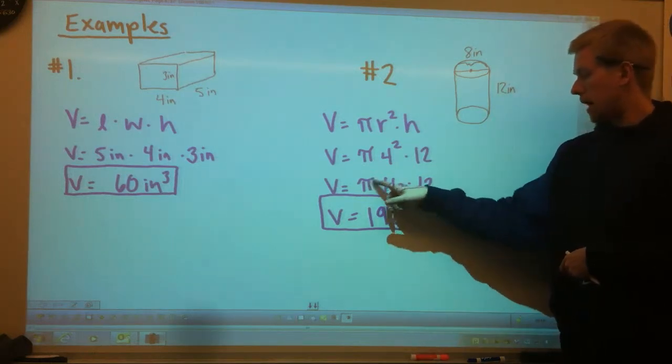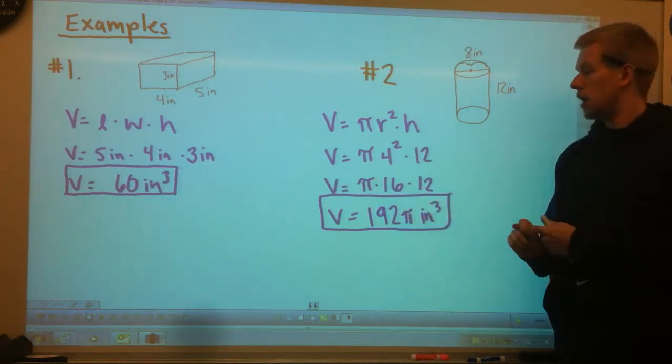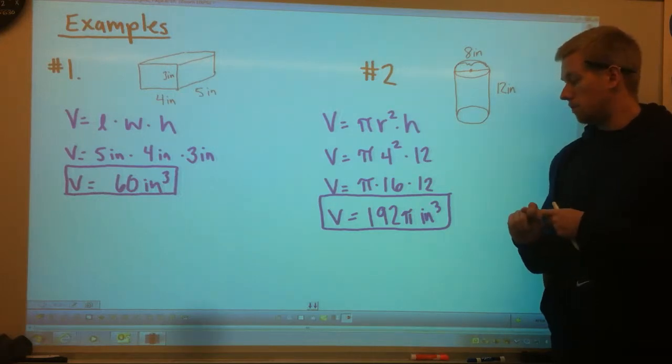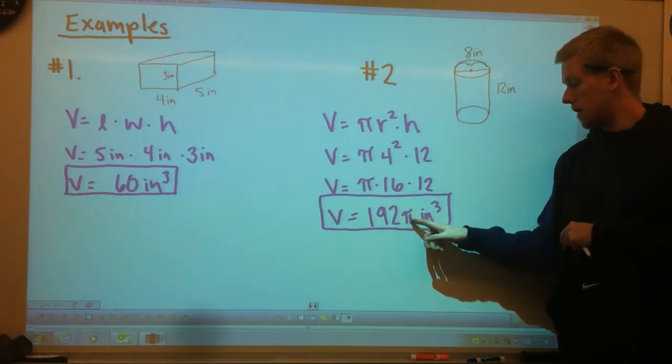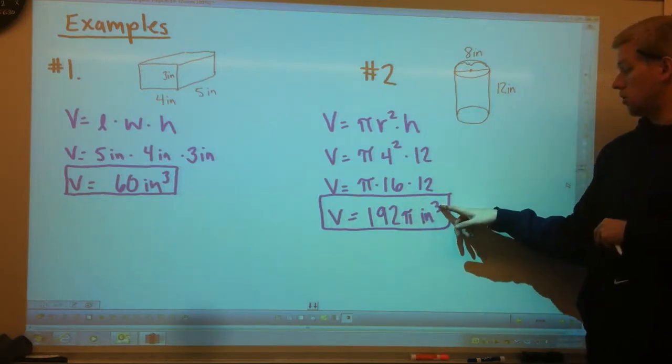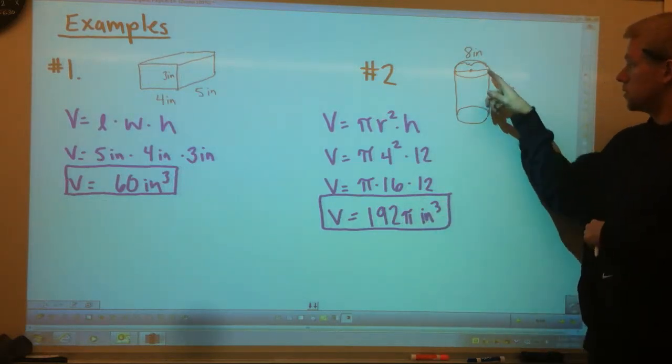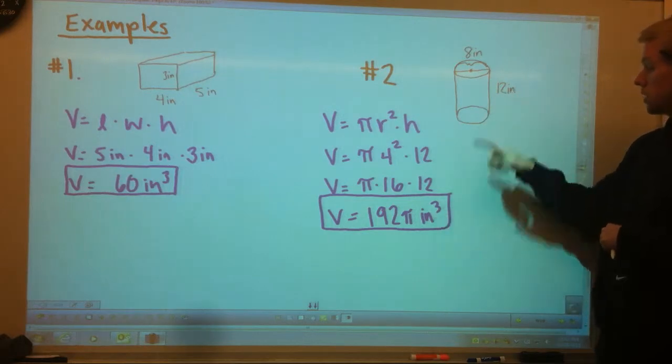And I'm going to leave my pi because y'all don't have calculators in front of you. I'm not going to be picky about rounding and all that stuff. You can simply leave your answer as 192 pi cubic inches, because your units were inches.